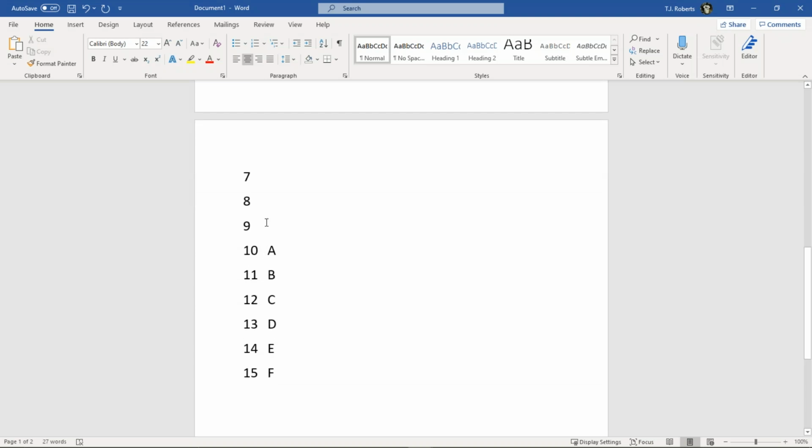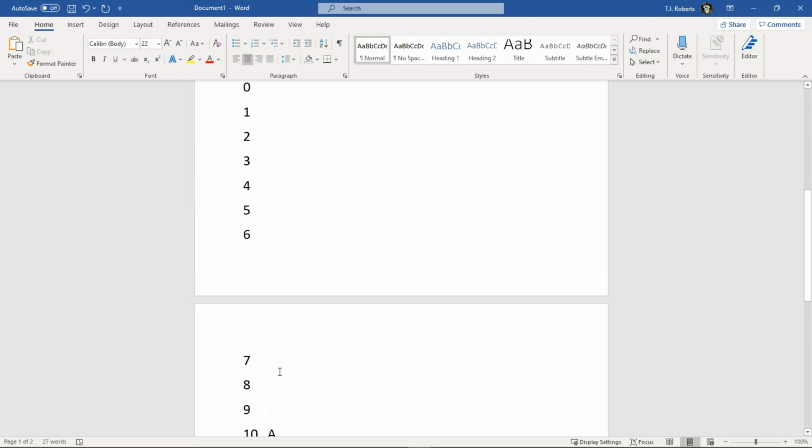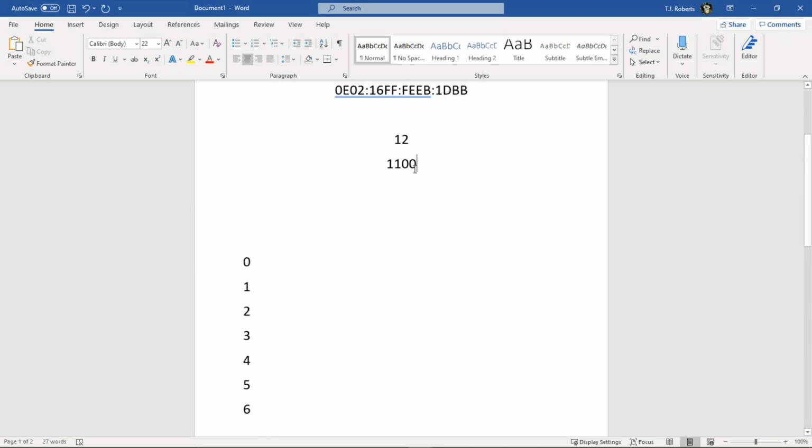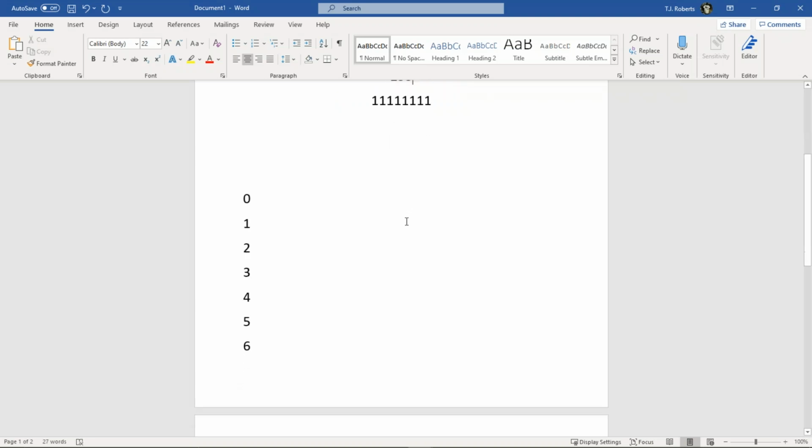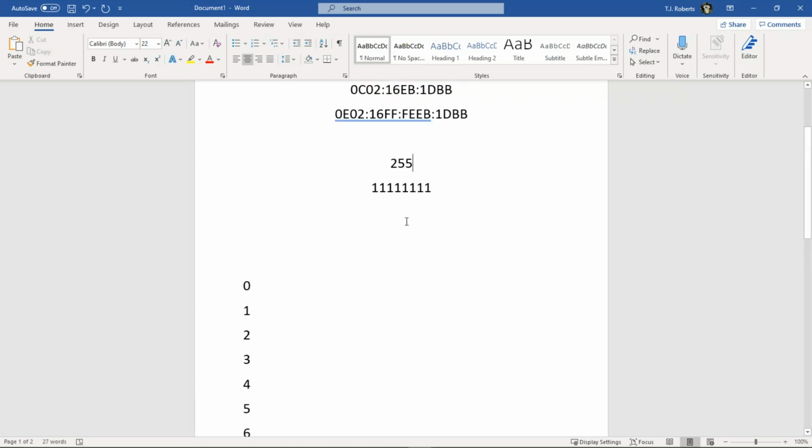But for now, you just need to remember the chart, right? You don't have anything over F. It doesn't go higher than F because when you turn all these bits on, you get 15. Right? It's just like a subnet mask. You can't have any more than 255, right? So you're just looking at it from a different perspective. With IP, it's the same thing. You just switch it up a little bit.